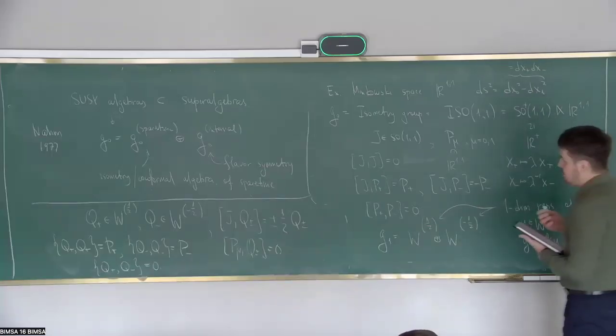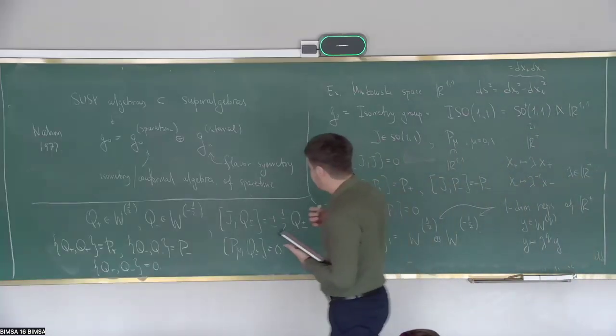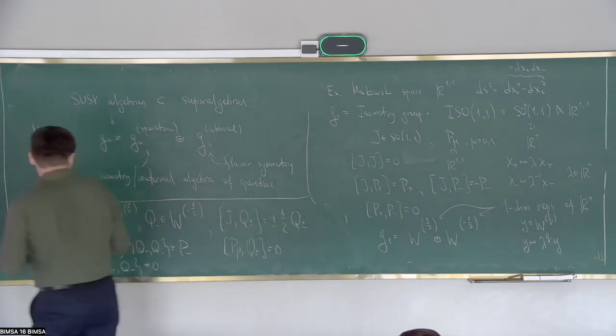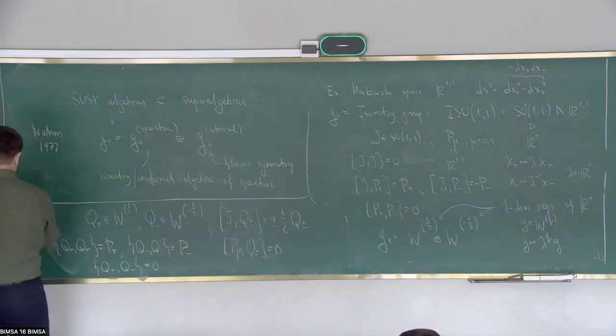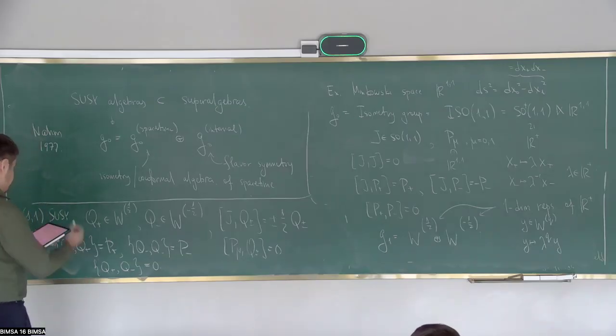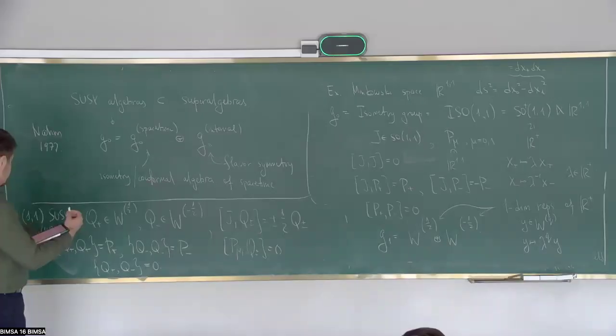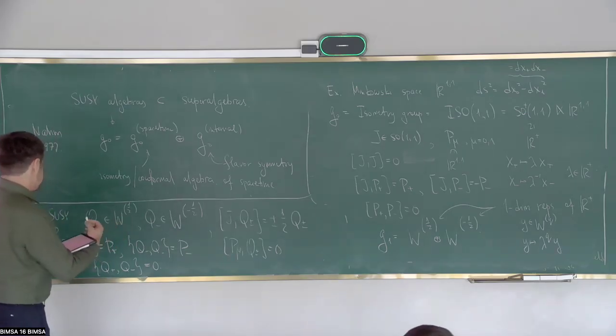So this is the superalgebra in 1+1 dimensions. Just for reference, this is called (1,1) supersymmetry in 1+1 dimensions. (1,1) means there is one left-moving supercharge and one right-moving supercharge.